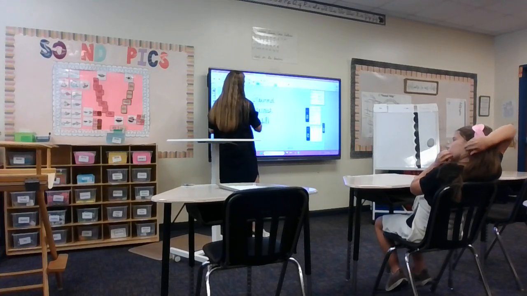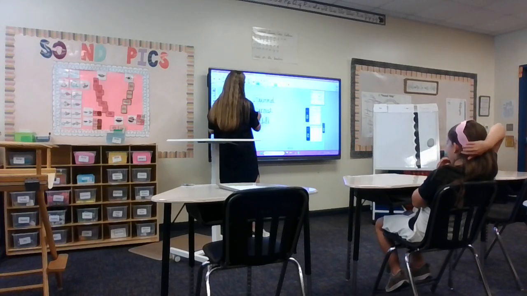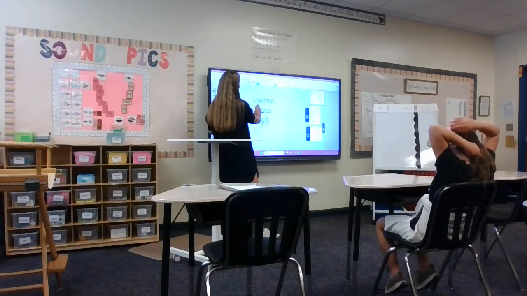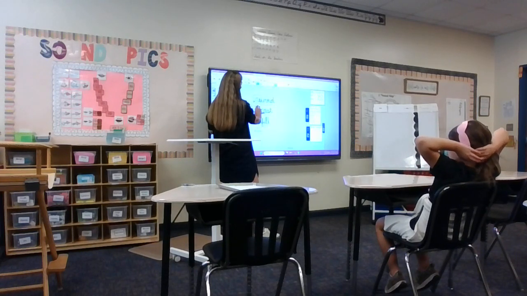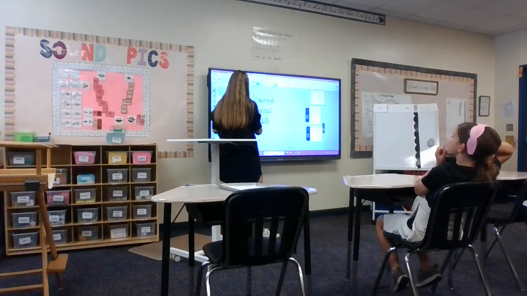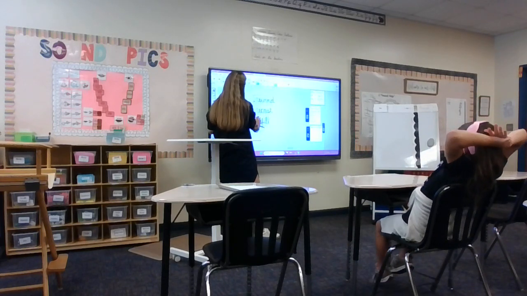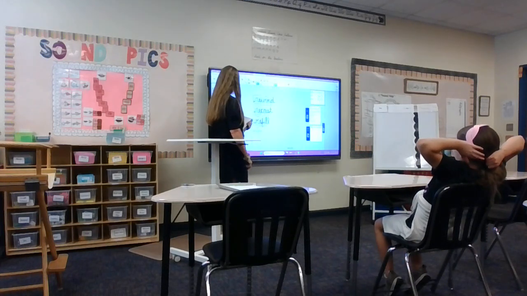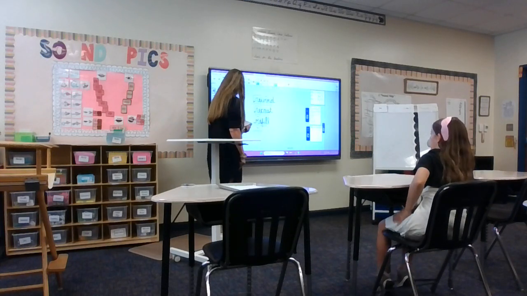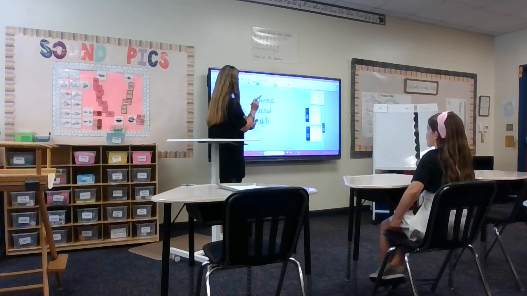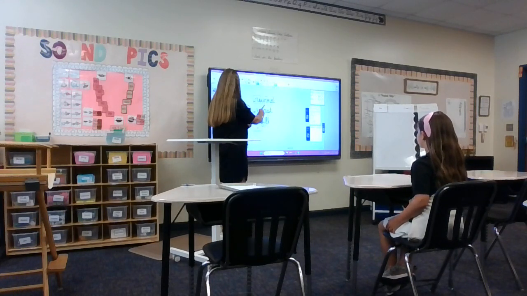Cast. Good. Fill. Good. A prefix is a letter or letters added to the beginning of a base word.